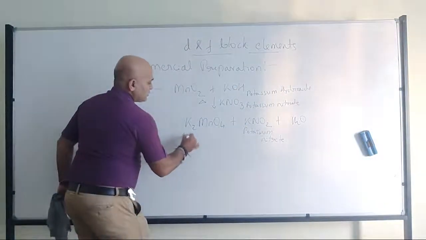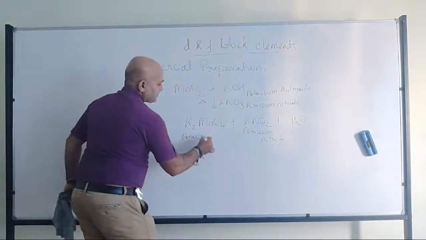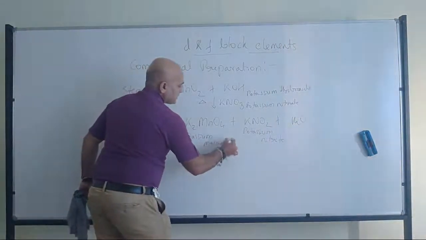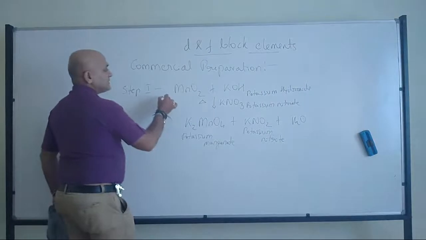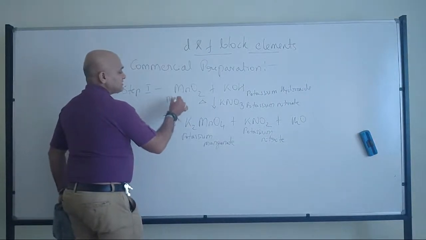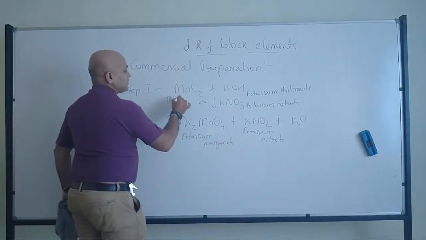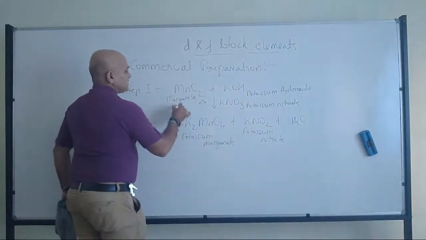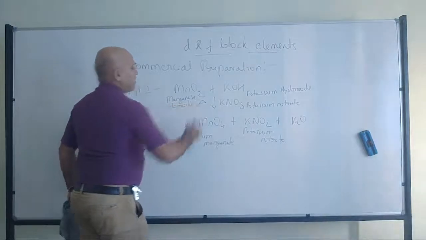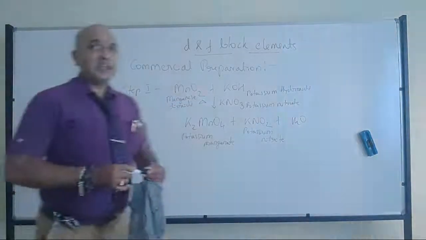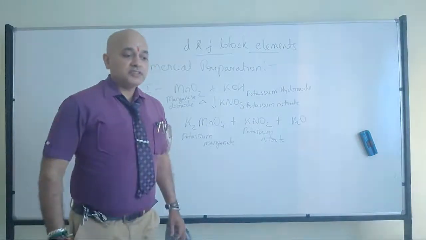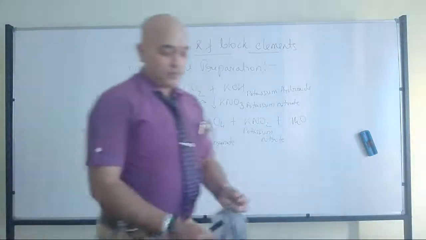This is potassium manganate. So this is manganese dioxide, or we can call it pyrolusite, right? So this is step 1. All of you have understood? This is nothing but step 1.